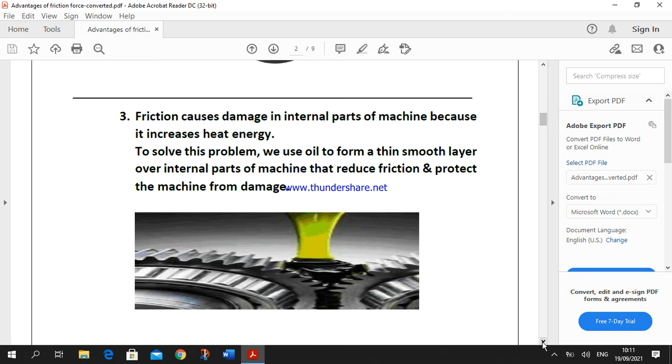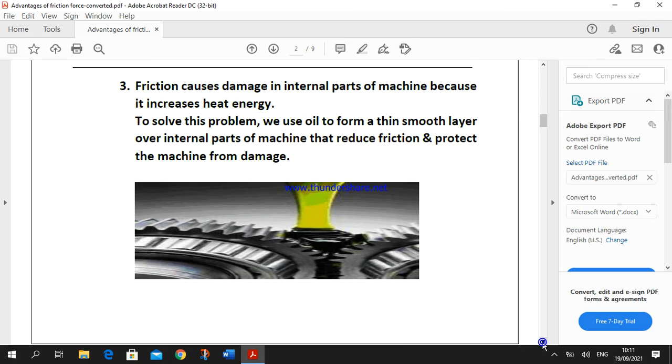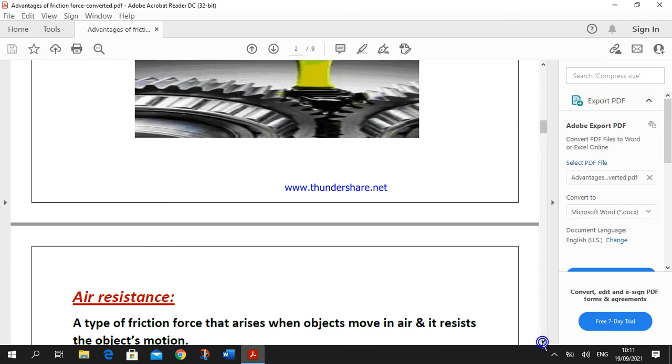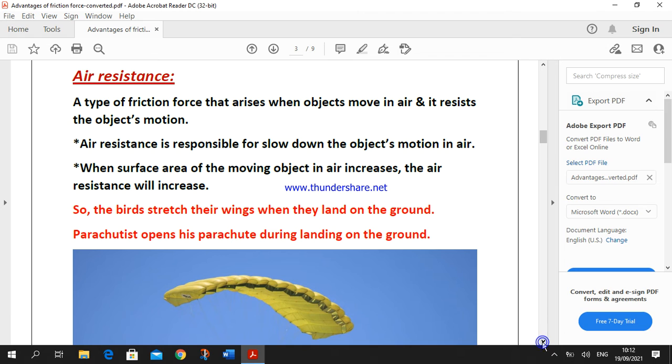To solve this problem and protect the machine from damage, we use oil. We use oil to form a thin smooth layer over the internal moving parts of the machine. This smooth layer of oil reduces the friction, so it protects the machine from damage.